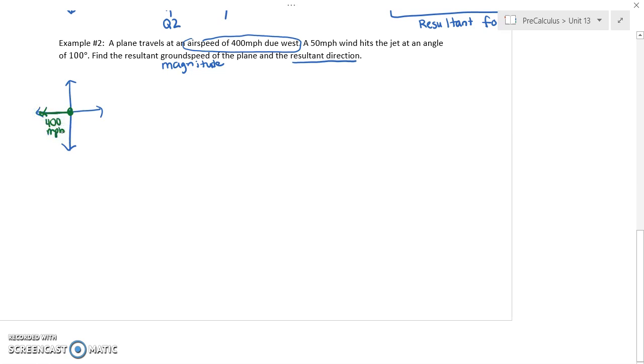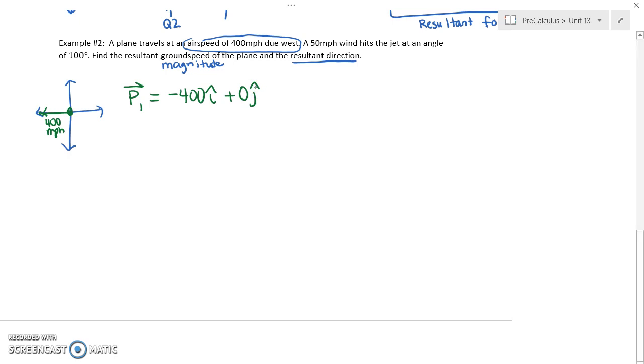I don't even have to do any work on that. My components for my vector, my plane 1 force, would be negative 400, because I moved left 400, i hat, and I don't go up at all, so plus 0 j hat. So that is my force, which is awesome because I didn't have to do much work.